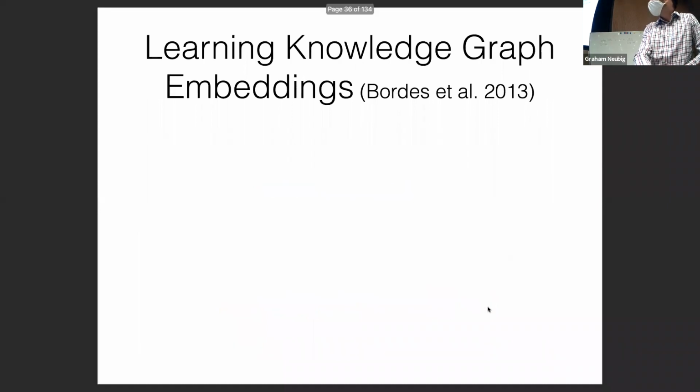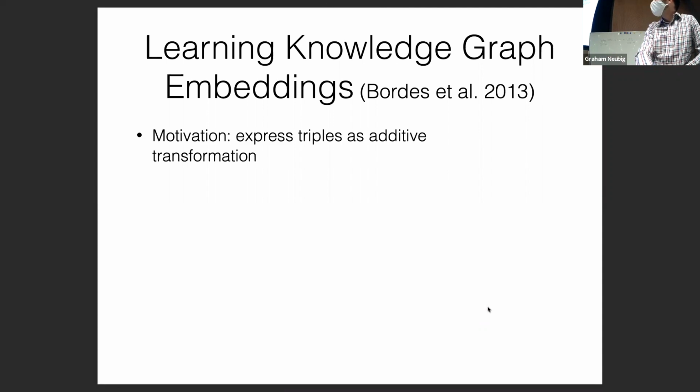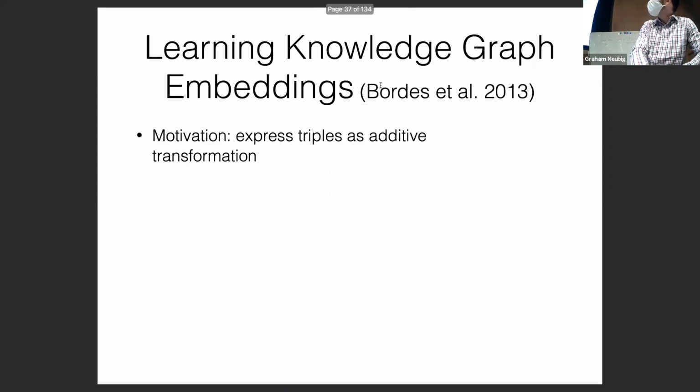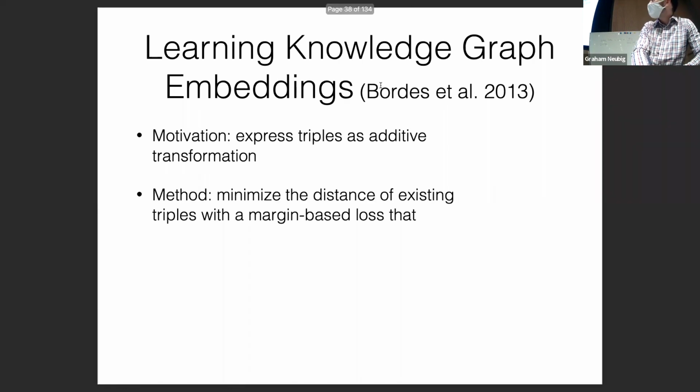So another way that people did this was, actually, I have an example here. This is how you can learn embeddings from knowledge graphs. It's not how you learn embeddings from text, but basically you have an embedding for each entity in the knowledge graph, and you have an embedding for each relation.